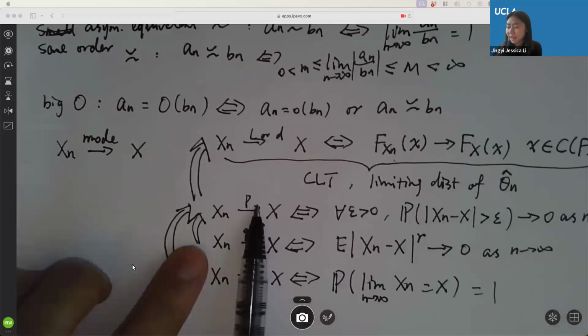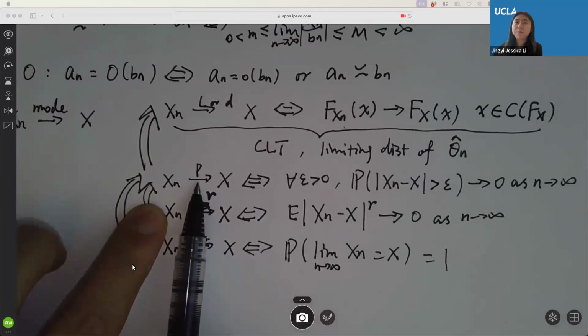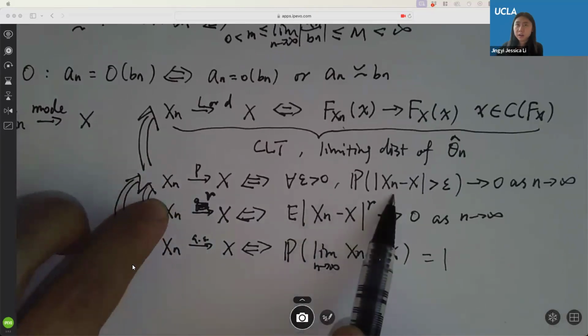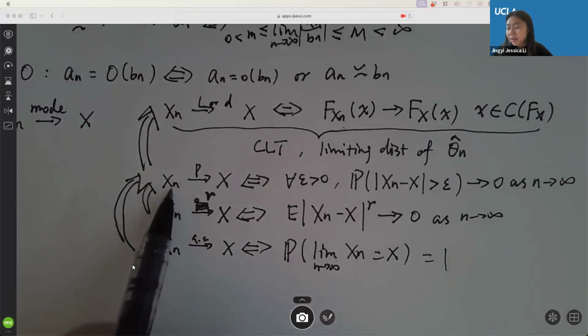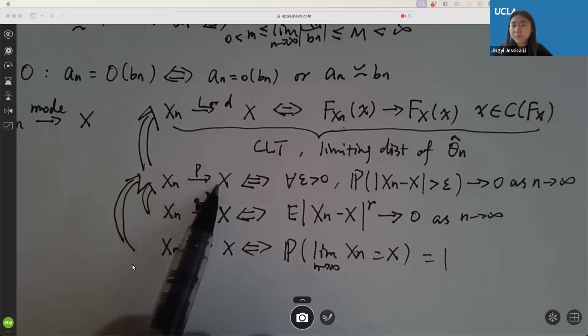Okay. And regarding the convergence in probability, this is actually quite useful as well. It's related to how we think about whether an estimator is called consistent. This is what we'll introduce today. A consistent estimator means the estimator theta hat n converges to the true parameter theta in probability.